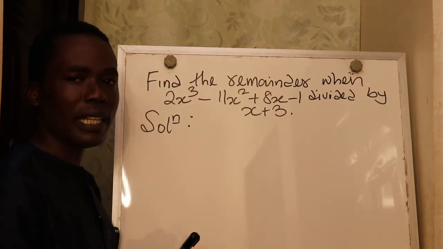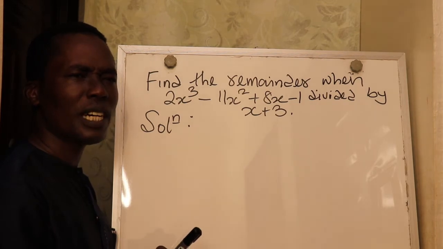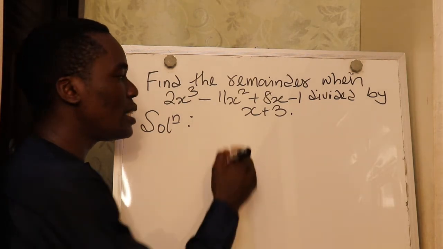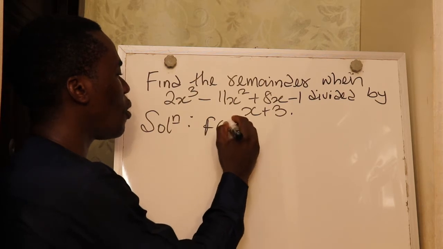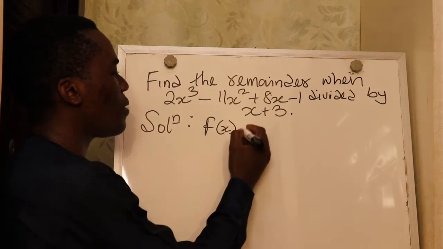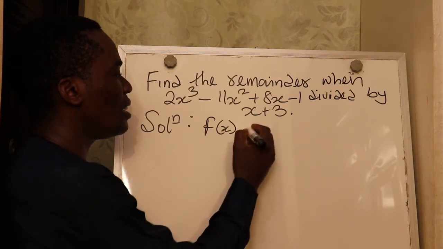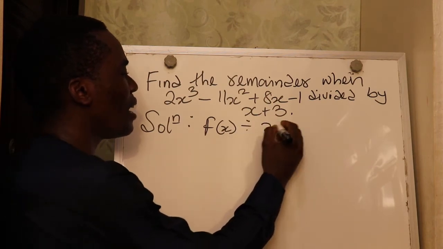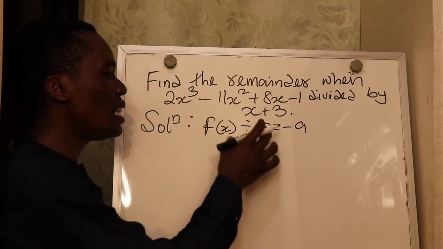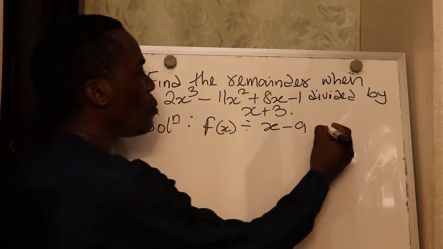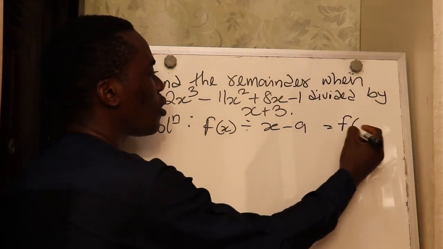We look at the remainder theorem. What does the remainder theorem state? It states that if you have a function or a polynomial f(x), and you are dividing it by x - a, the remainder of this division will be equal to the function of what?